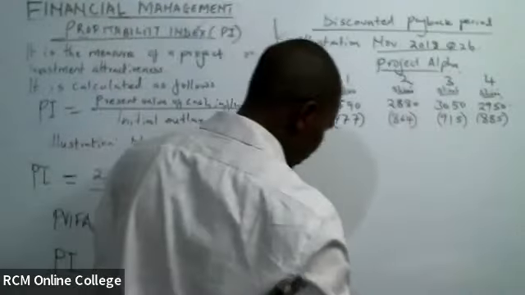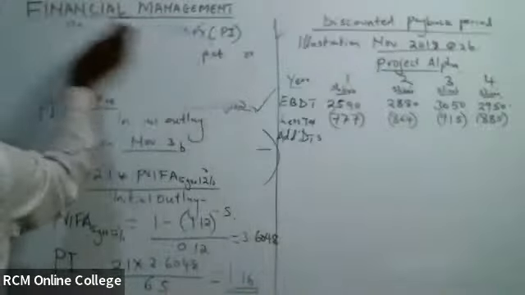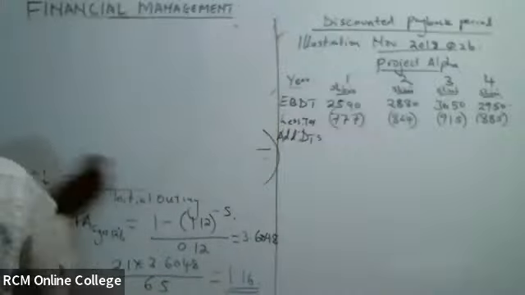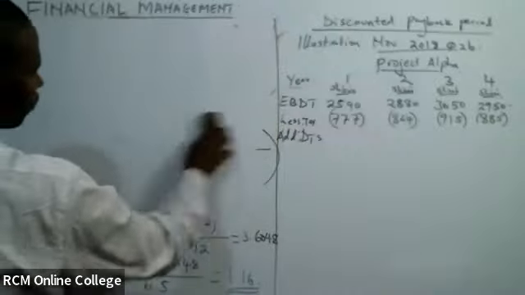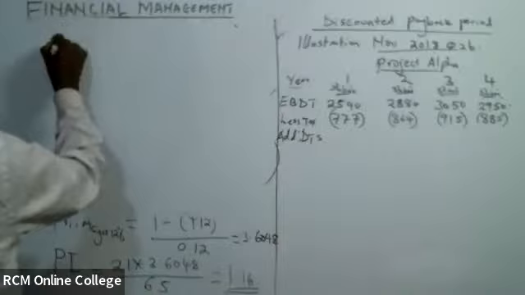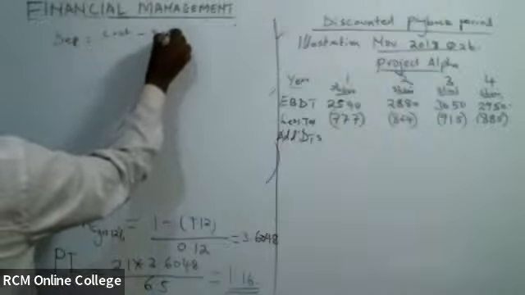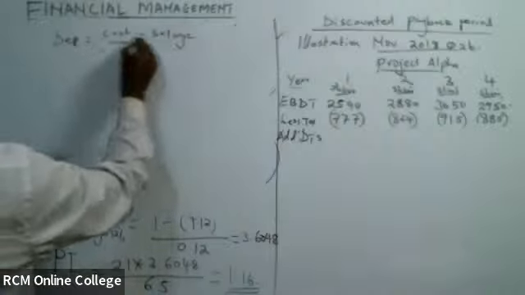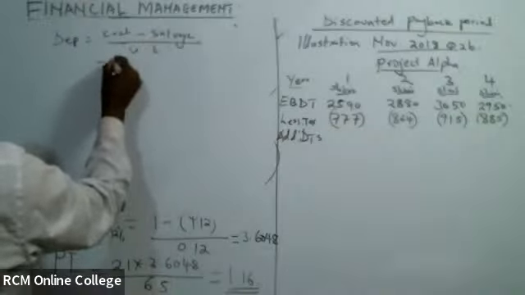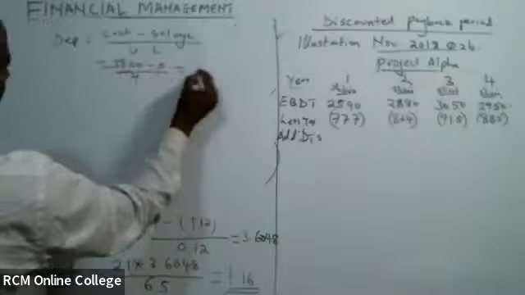So DTS, I know it's tax times depreciation. So first of all I have to identify the depreciation. Depreciation for Project Alpha. What is the cost? I know they told us to use straight line. So depreciation will be given by cost minus salvage divided by useful life. They told me salvage is 0. So I have 3800 minus 0 divided by 4.